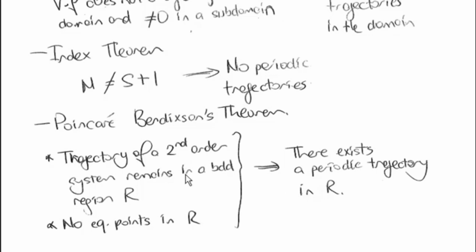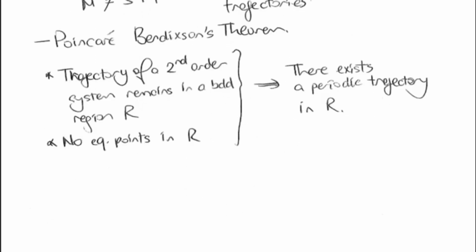So we have seen in the class that there was a third order system which is called the Lorenz attractor, and it really doesn't satisfy this type of theorem. Its trajectories remain in a bounded region where there are no equilibrium points, and still it doesn't have any periodic trajectories. So this theorem is only valid for second order nonlinear systems.